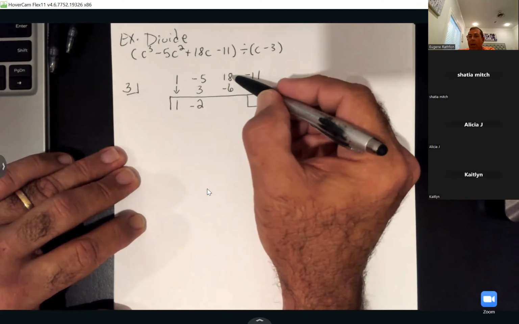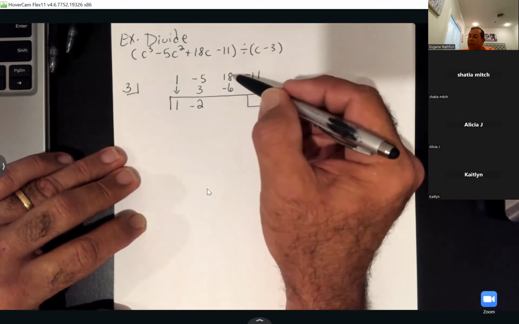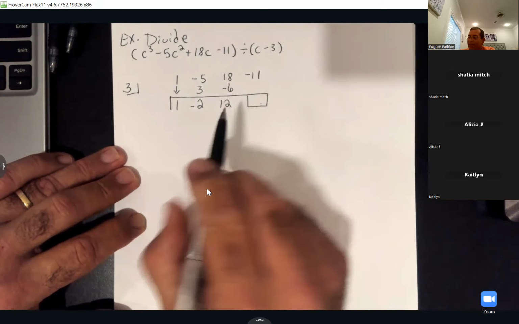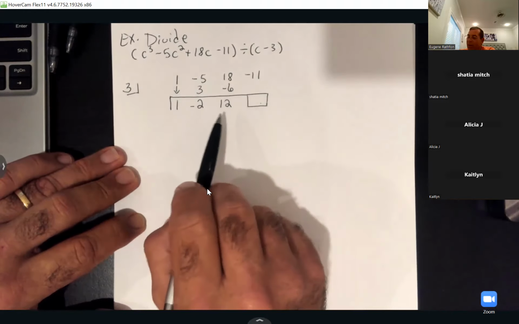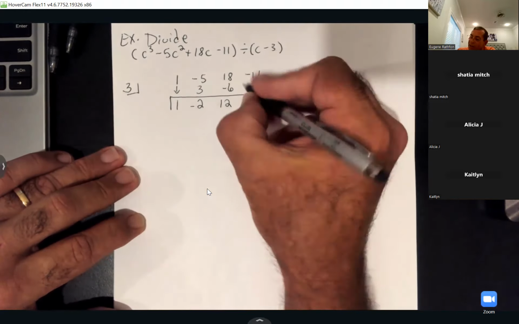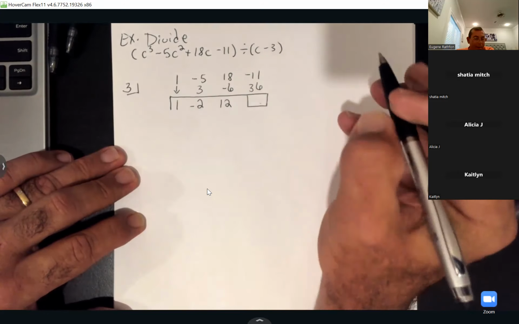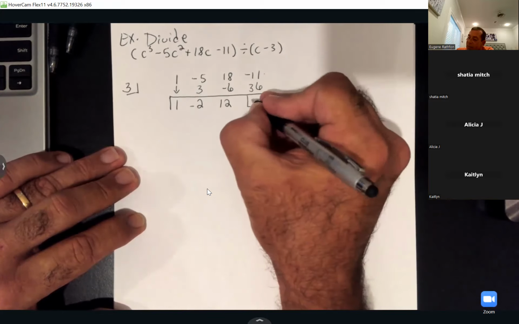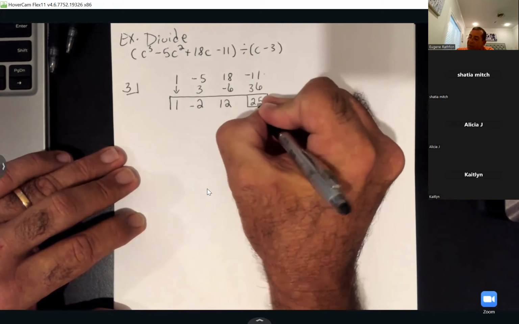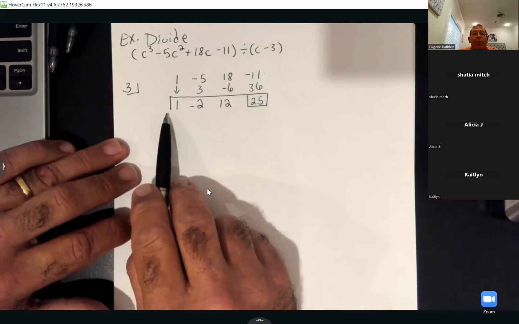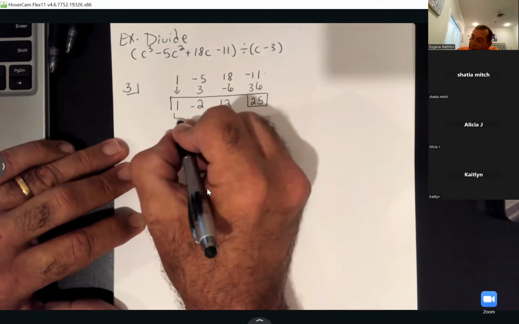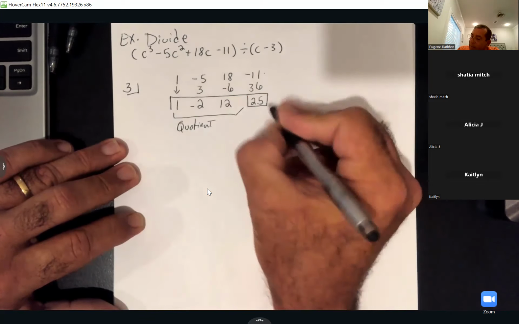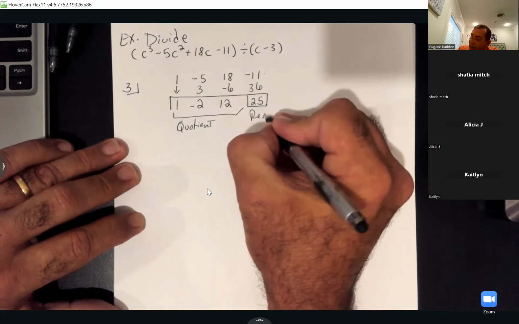Then 18 and negative 6 will give me a 12. Then I multiply to get my last row: 12 times 3 is 36. And 36 minus 11 leaves us a remainder of 25. Now remember, this is the quotient, and this here is our remainder.